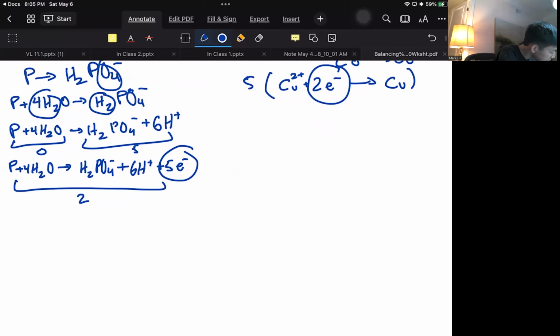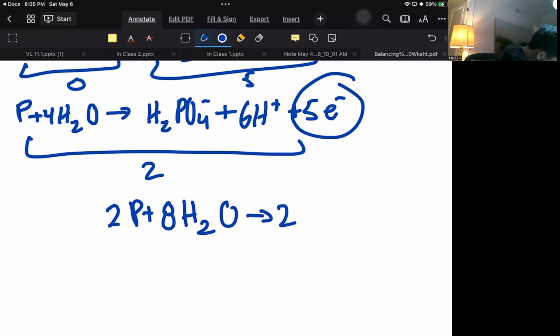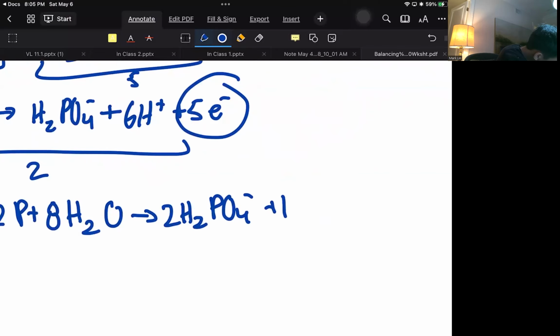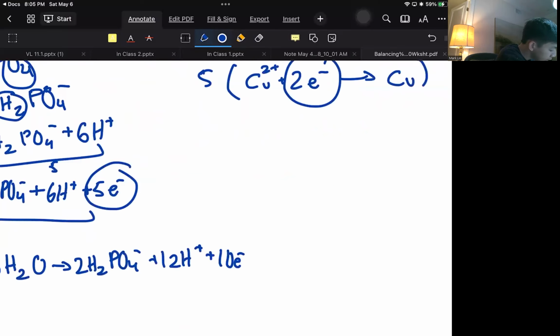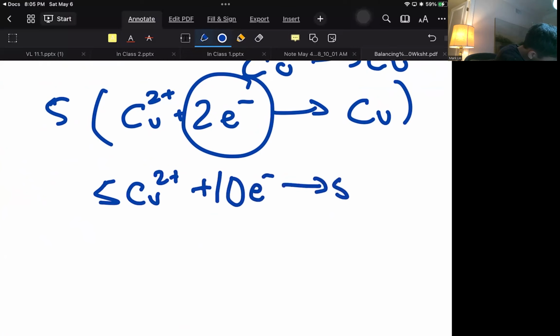Over here, it's going to be 2 phosphorus plus 8 H2O gives 2 H2PO4 minus, plus 12 H plus, plus 10 electrons. I think I did that right. Multiply this by 5: 5 Cu2 plus, plus 10 electrons gives 5 Cu.